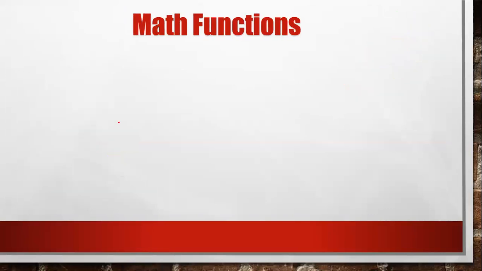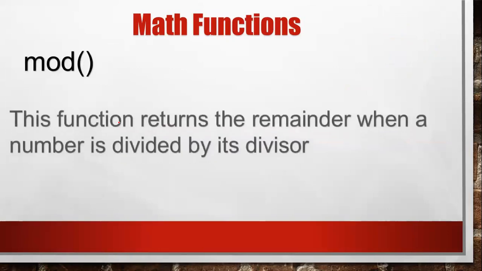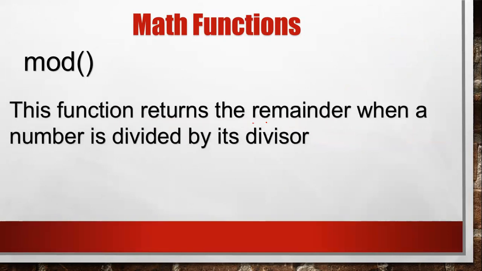Now let's move to the next function of the mathematical category, that is mod. The mod function returns the remainder when a number is divided by its divisor. Suppose we are dividing 7 by 2.